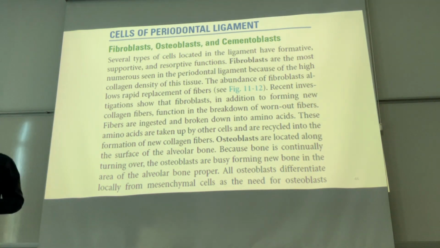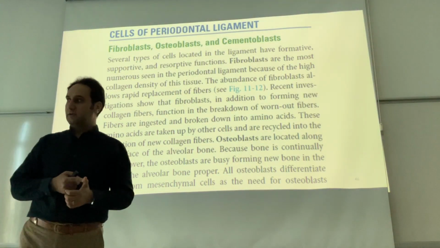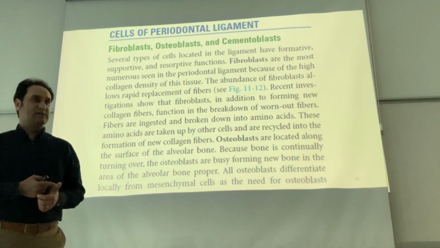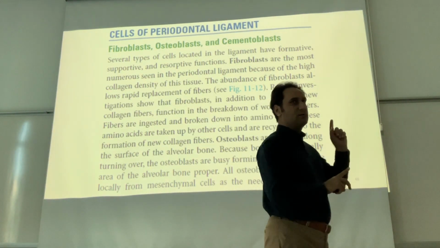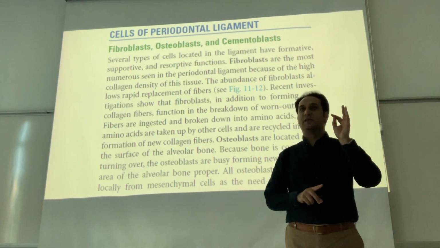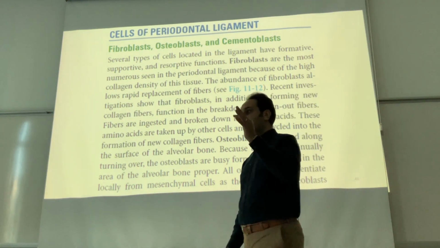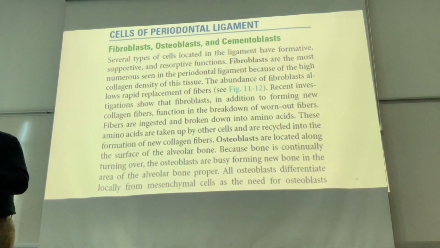And what are the other roles of fibroblasts? Secretion of ground substance. What is the other role of fibroblasts? Secretion of Sharpey's fibers present in the structure of cementum and alveolar bone. Okay? Extrinsic fibers.